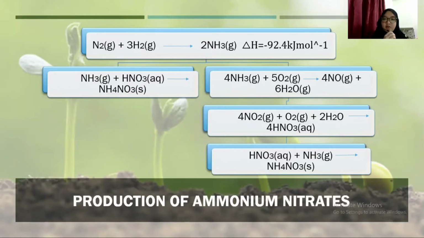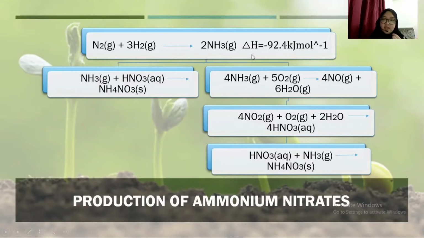The production of ammonium nitrate. It first starts off with the Haber process, which is used to manufacture ammonia on a large scale. So it starts off with nitrogen gas reacting with hydrogen gas to produce ammonia. Then there are two ways to produce ammonium nitrate. The first way is for the ammonia to react with nitric acid to form ammonium nitrate.